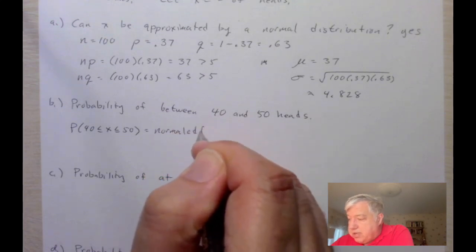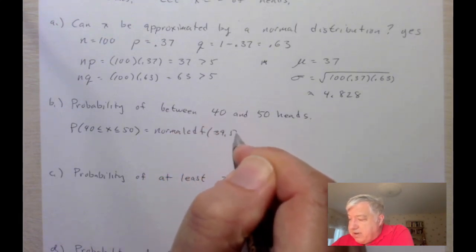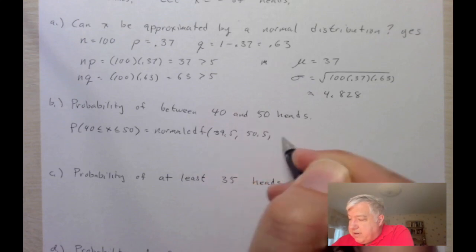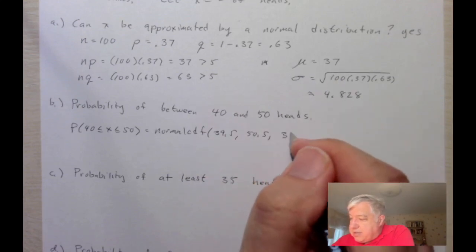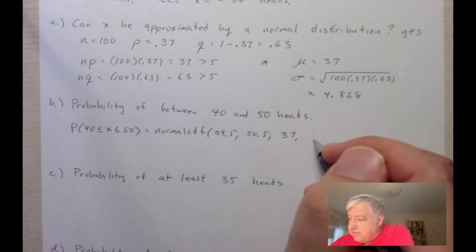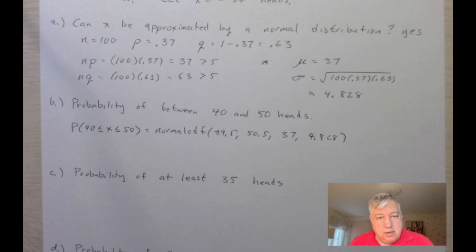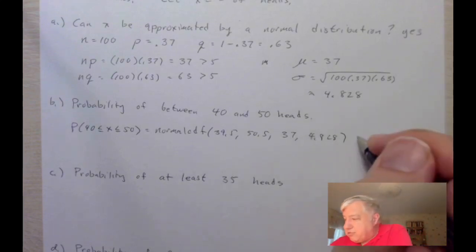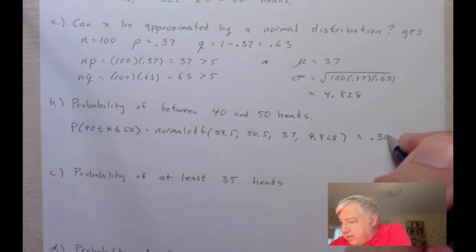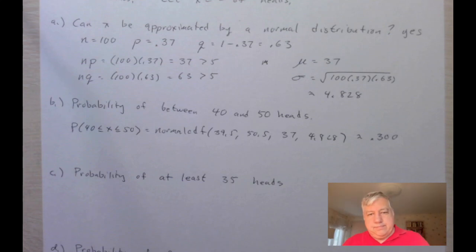So we use normal CDF of 39.5, 50.5, and then the mean is 37, and the standard deviation is 4.828. And so that's what we want to plug in. We do not want to plug in 50 and 40. So we compute this, and it actually turns out to be right at 0.30.